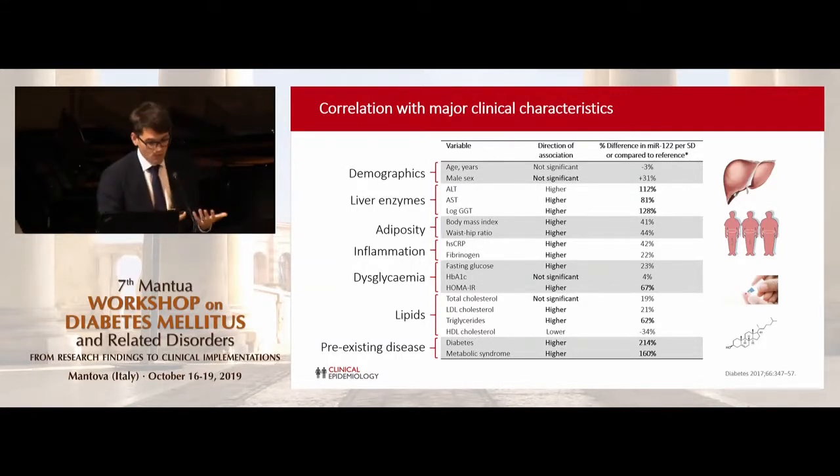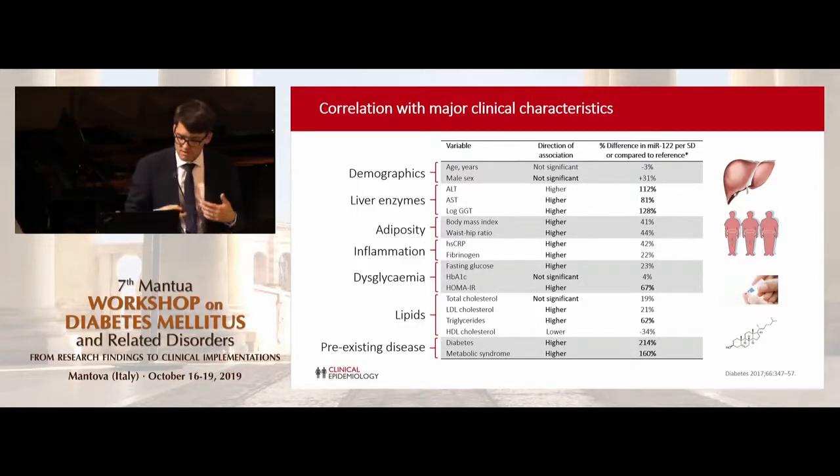And in summary, what we saw in general was that microRNA 122 was correlated with an adverse metabolic profile. It included a very strong positive correlation with the liver enzymes, which was of course expected. It was also higher in people with higher levels of adiposity. It was positively correlated with inflammation, with insulin resistance, but also with an adverse lipid profile.